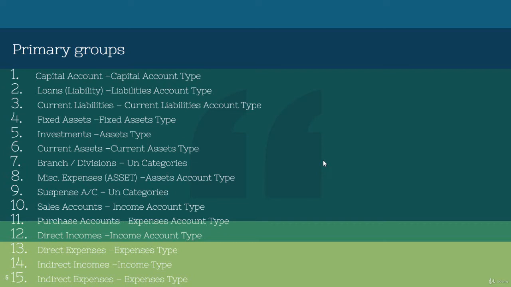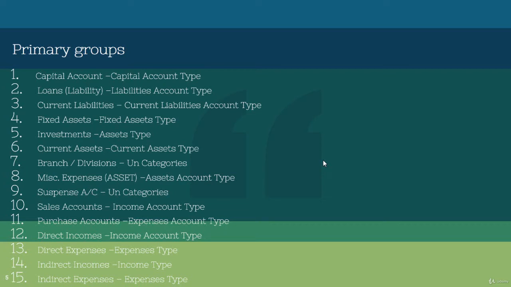Investment is an asset type, and then the current asset type. Branch division is uncategorized. Misc expenses is an asset account type, and suspense account is uncategorized. Suspense means if the balance is not equal, we have to temporarily create that suspense account. That's also one of the primary groups in Tally software.